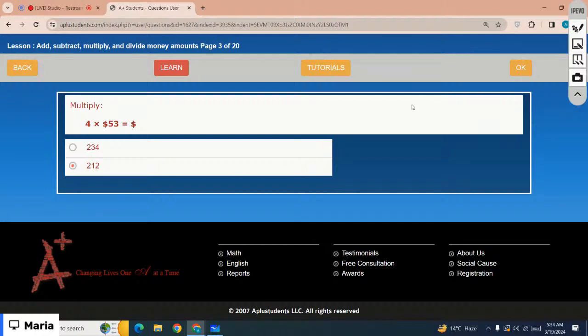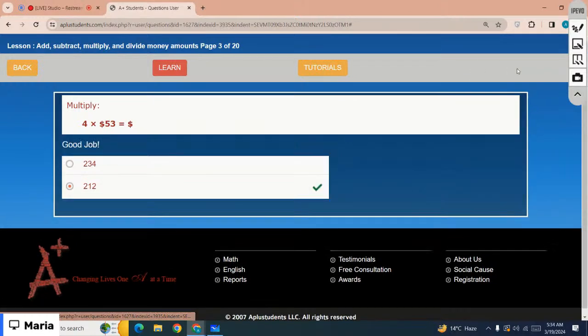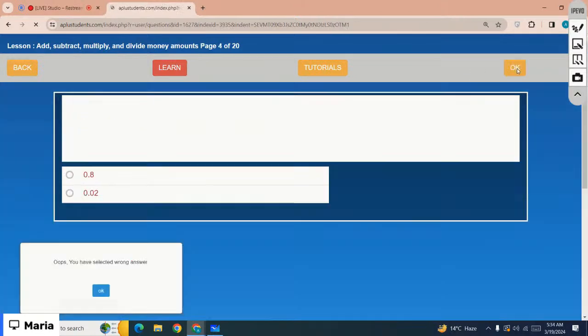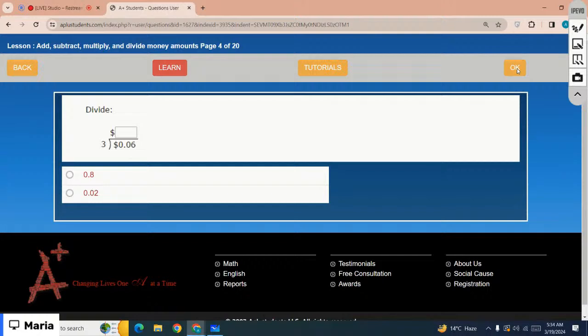Option number 2 is the correct option, right? 0.06 divided by 3, which is the correct option?